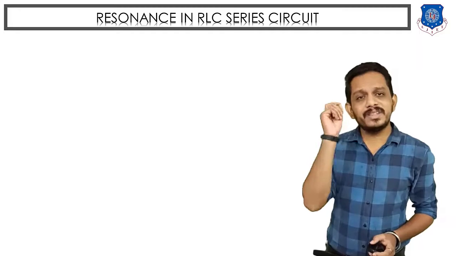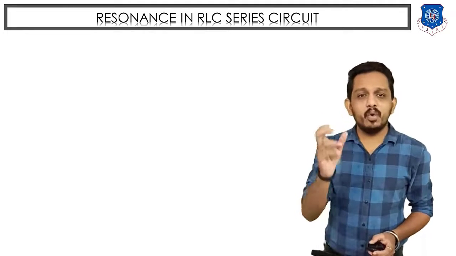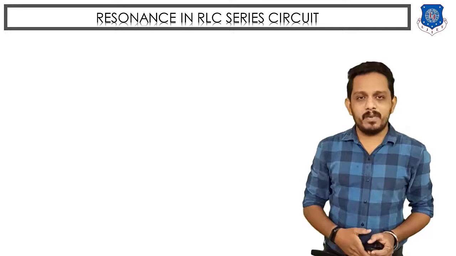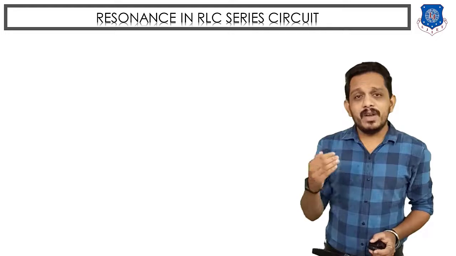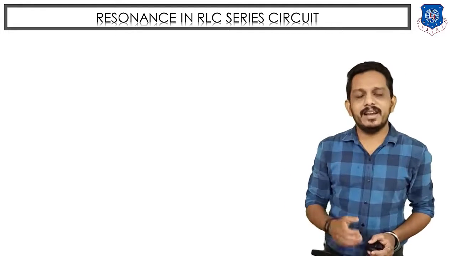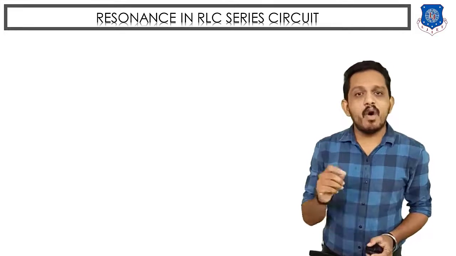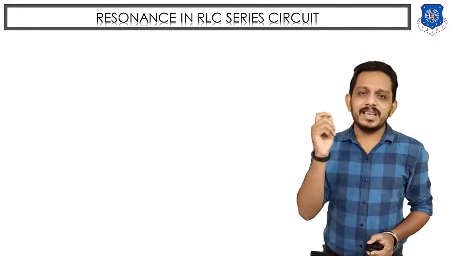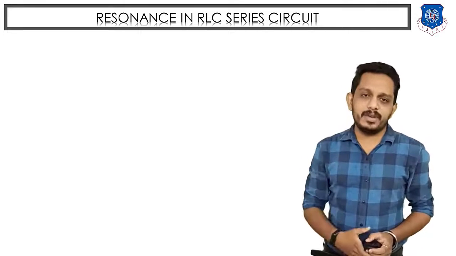In the series RLC circuit, we saw the phasor diagram in two cases: what if VL is greater than VC, and what if VC is greater than VL. But one must have a question: what if VL and VC have the same value and are 180 degrees apart from each other?